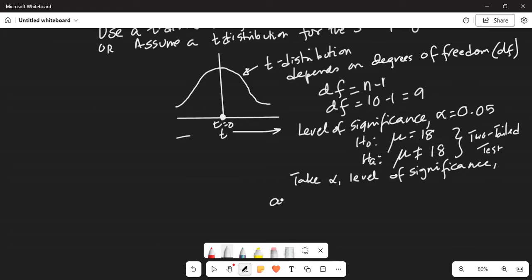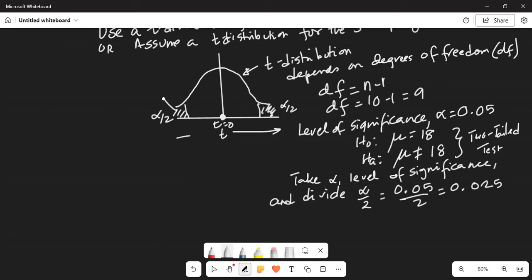Alpha by 2 is 0.05 by 2, which is 0.025. So there will be two tail areas, each with area alpha by 2. This is alpha by 2, and this is also alpha by 2, which in our case is 0.025.